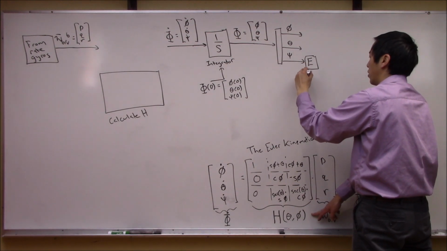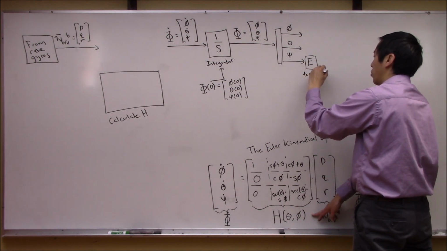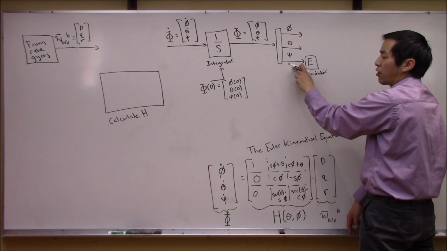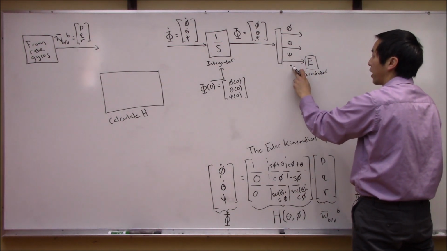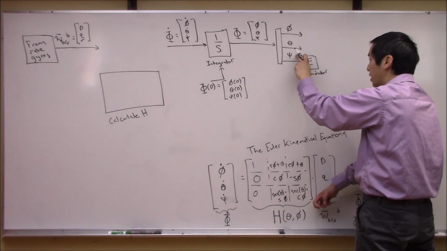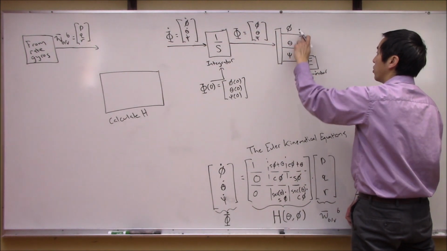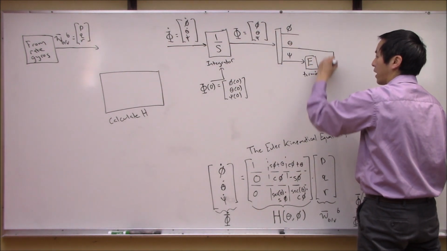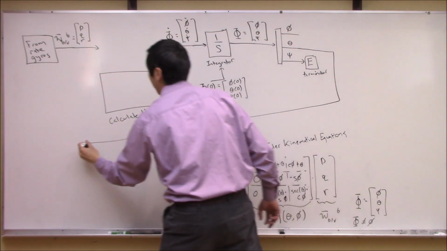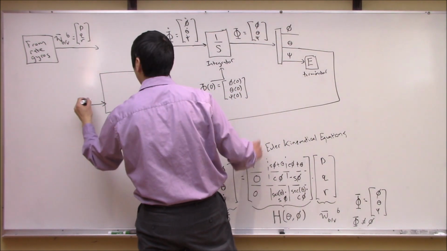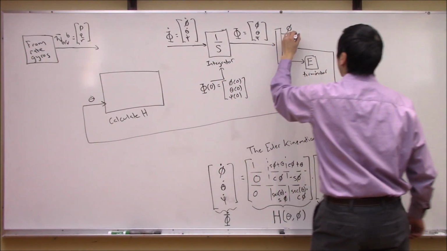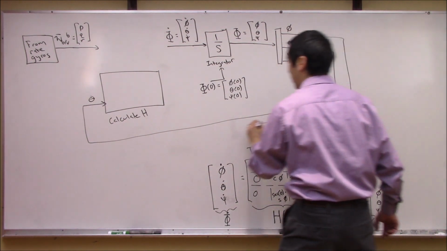So here's a terminator, or put a ground, or who cares? Nobody cares about psi. Nobody cares about that Euler angle, but we do care about phi and theta because we need them to calculate h. So all we're going to do is let's just feed these two back into our calculate h block. So this was theta, and then I also need phi coming back.